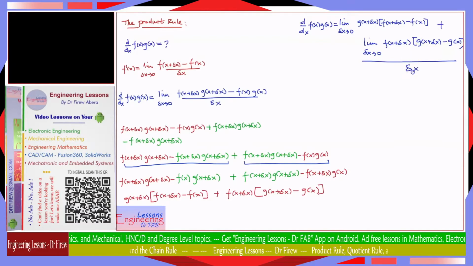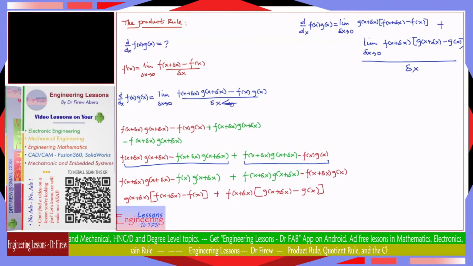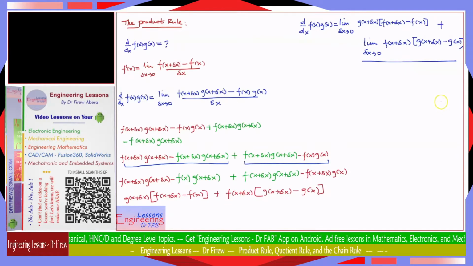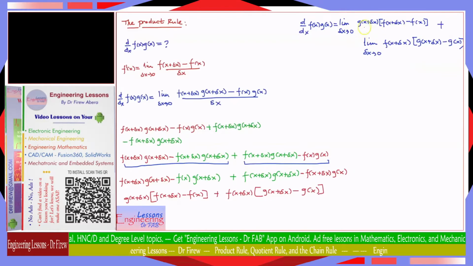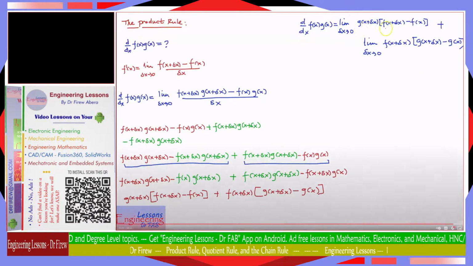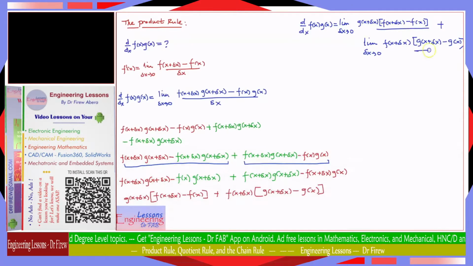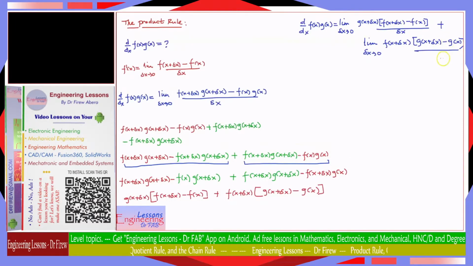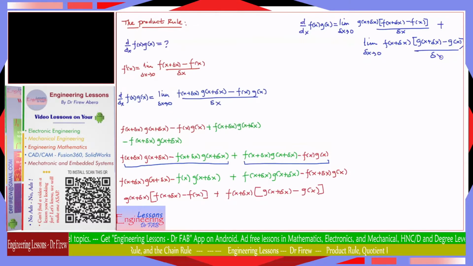So we have the whole over sigma x from here. But it's also possible to go ahead and divide that independently. That's also possible. Now you know what's going on here, so we can do that.